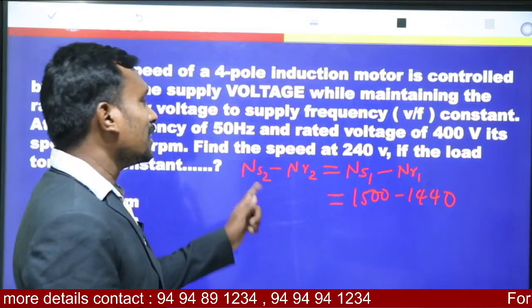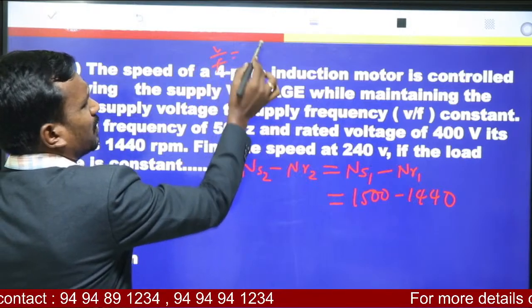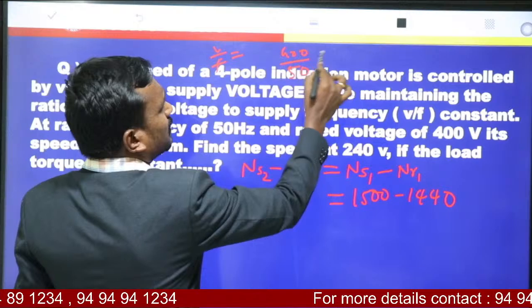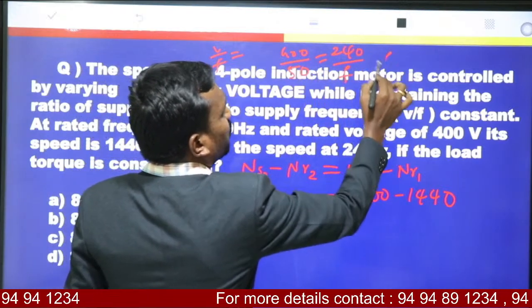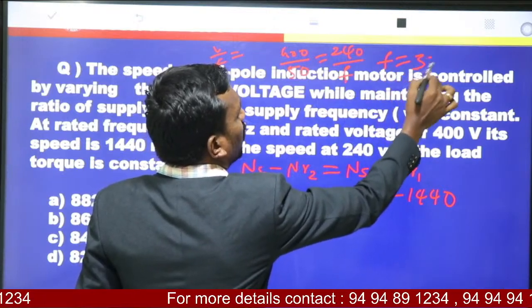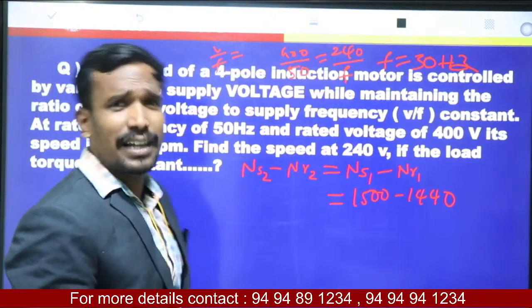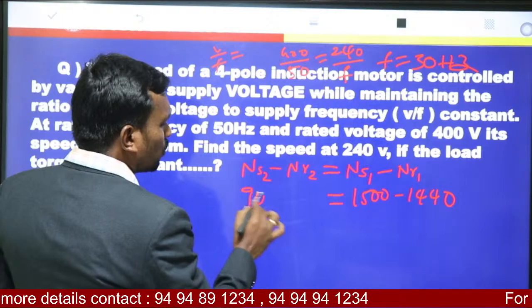We have to calculate NS2. We calculated the V by F ratio constant: 400 by 50 is equal to 240 by F. We just calculated F as 30 hertz, right? If F is 30 hertz, NS2 is equal to 900.